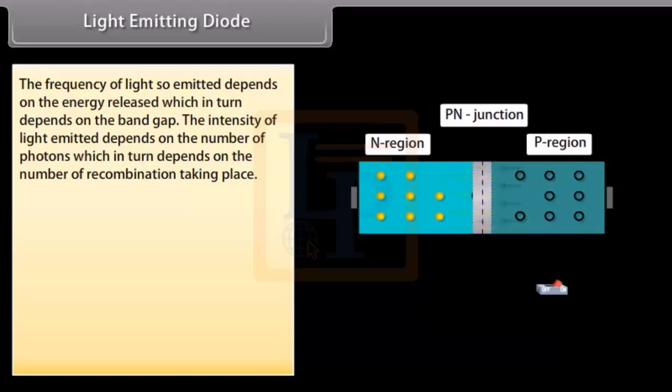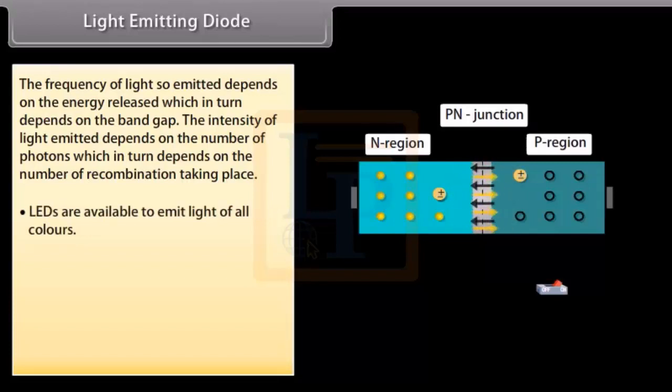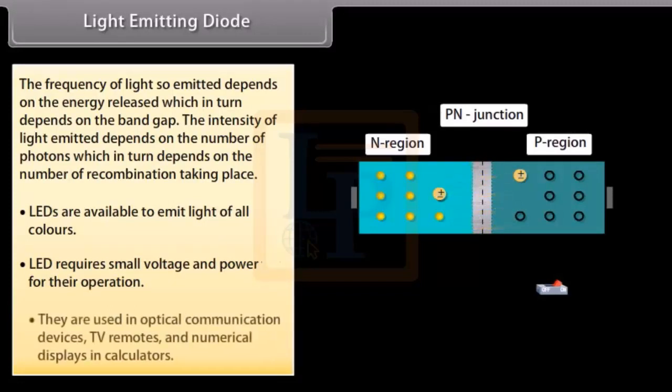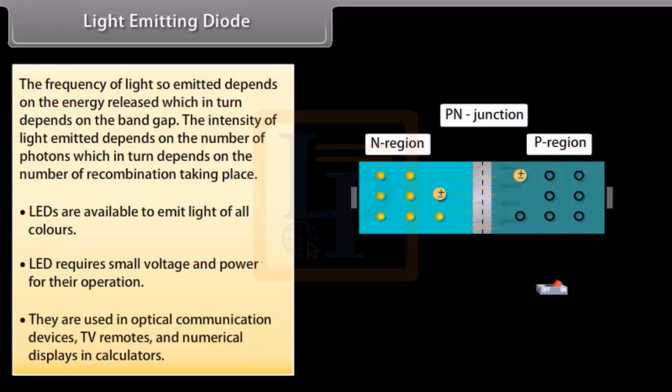The intensity of light emitted depends on the number of photons, which in turn depends on the number of recombinations taking place. LEDs are available to emit light of all colors. An LED requires small voltage and power for its operation. LEDs are used in optical communication devices, TV remotes, and numerical displays in calculators.